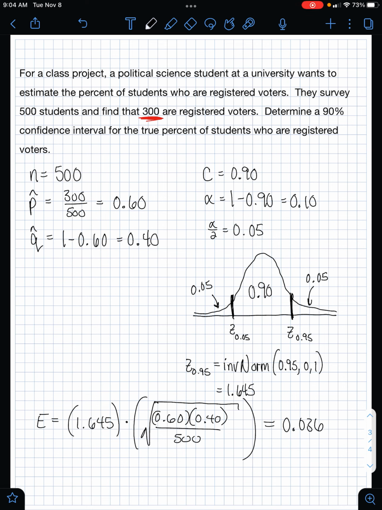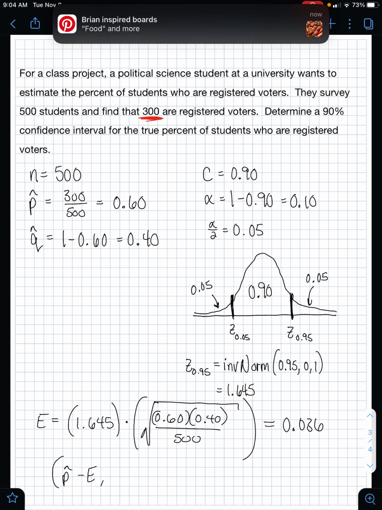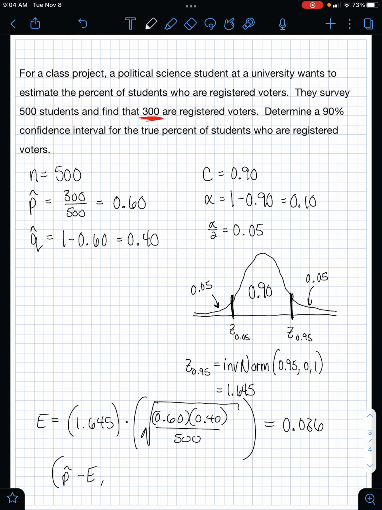Like any other confidence interval, the idea is that we take our point estimate, which is p hat, and subtract the margin of error E and add the margin of error E. So our point estimate is 0.60. That's p hat. 0.60 minus 0.036 and 0.60 plus 0.036.